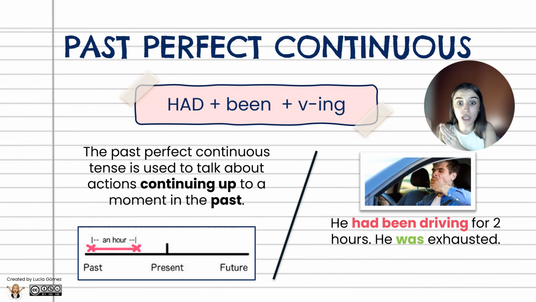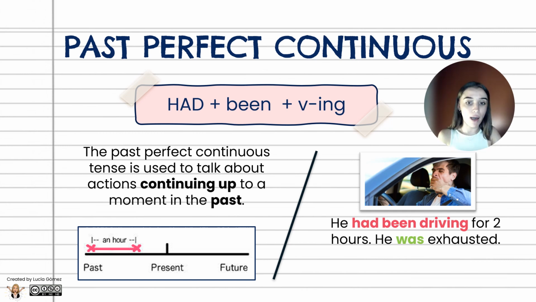Entonces, visto que me dan un pasado y por tanto lo que estoy contando en esta oración se tiene que situar en la parte del pasado de la gráfica, cuando hablo de gráfica me refiero pues a esta ilustración que siempre hacemos todos los profes de inglés, una vez que me he situado dentro del pasado, entiendo que lo que estoy narrando fue continuo hasta un momento del pasado. Y es que si lo traduzco en español, yo diré algo como él había estado conduciendo durante 2 horas.